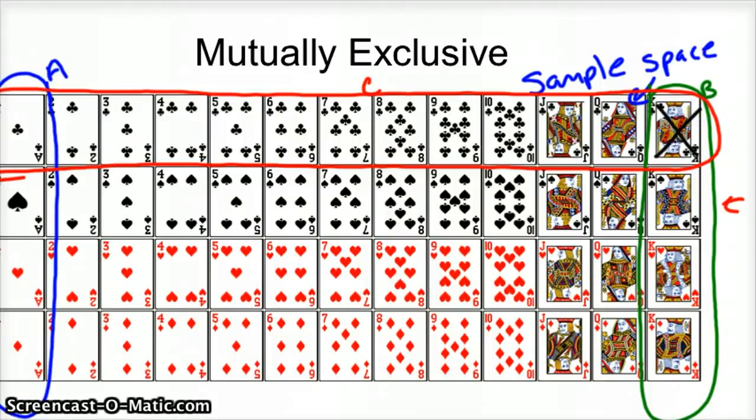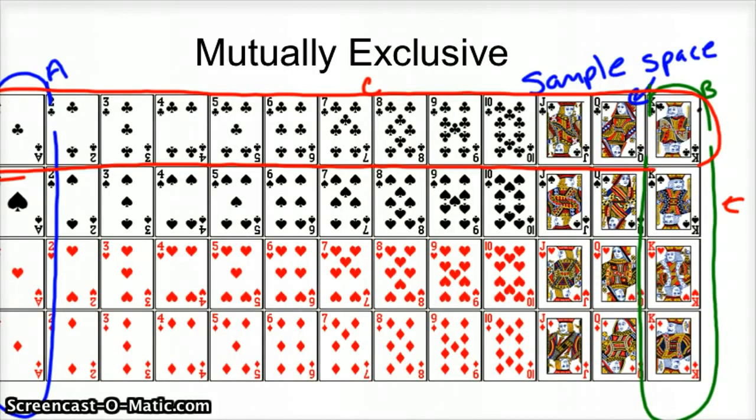I'll X out. So B and C are not mutually exclusive. And the same with A and C. If you notice, A and C gives us an ace of clubs there. So those are not mutually exclusive. And we'll talk about the probability of that in just a minute.